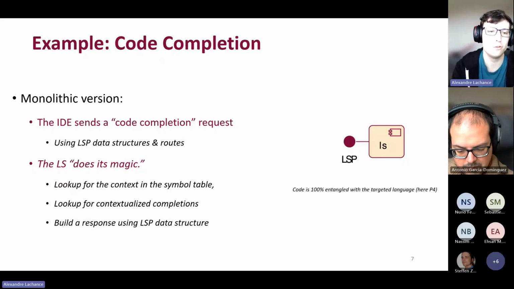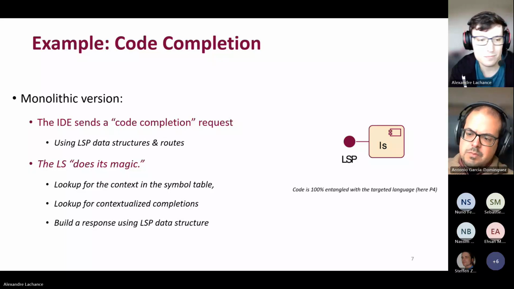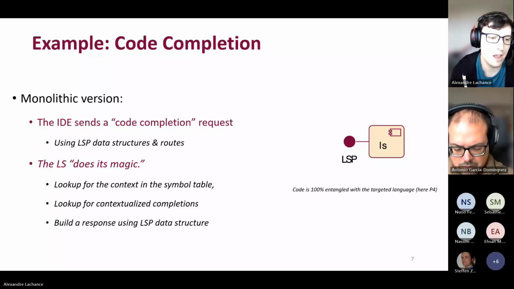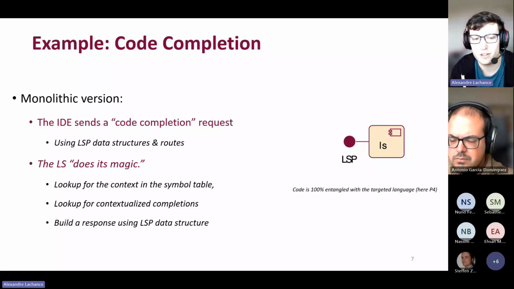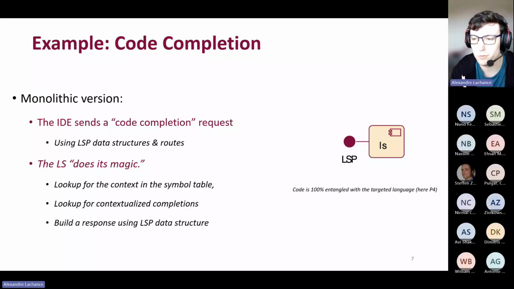For example, if we take code completion in a monolithic architecture, the IDE sends a code completion request using standard protocol data structures, and the language server returns a completion list. To return that completion list, the language server needs to look up the context of where the completion was requested.